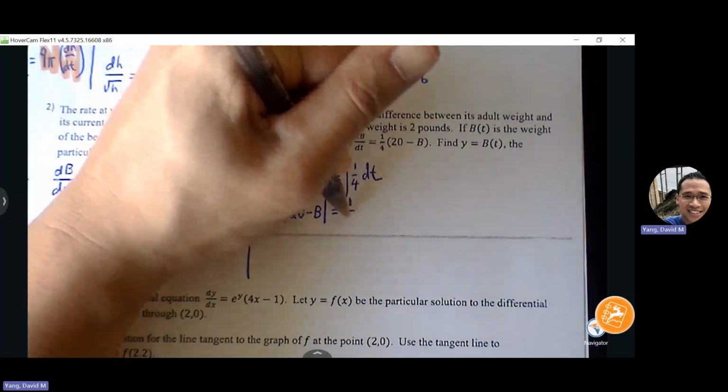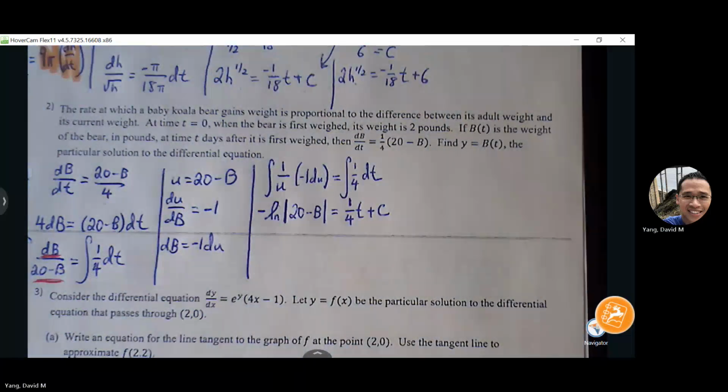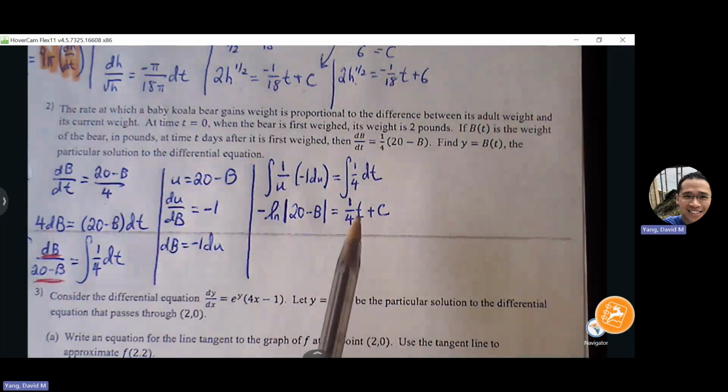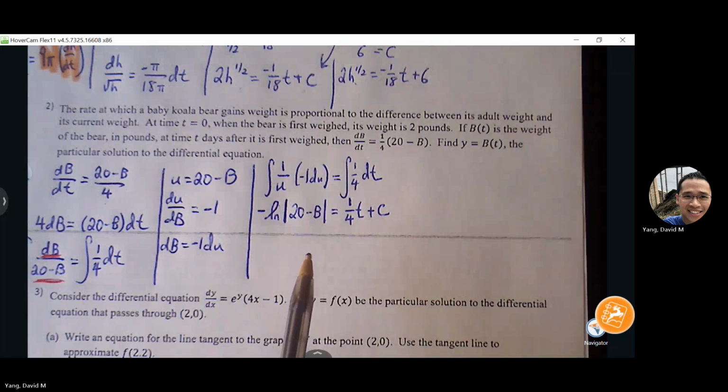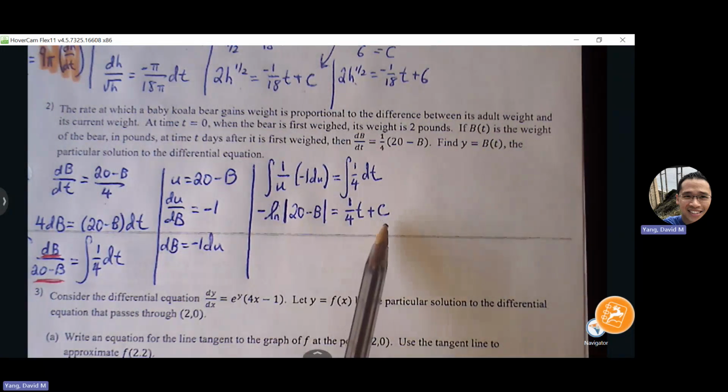Power rule on the right side. So in this case, I'm going to solve for B first. I just feel like solving for C is a little messy at this stage, but sometimes I don't have a rhyme or reason for when I would solve for C. I just look at a problem and sometimes I prefer to solve it earlier if it looks easy.